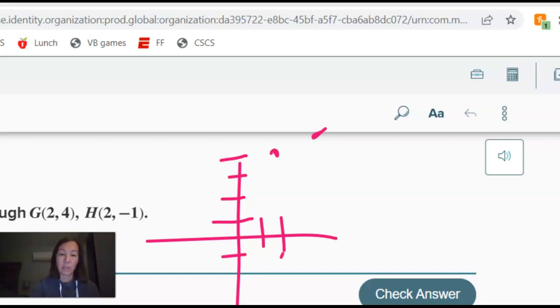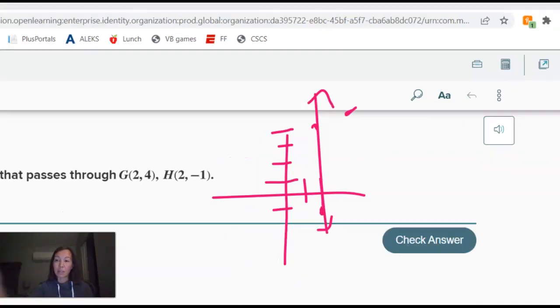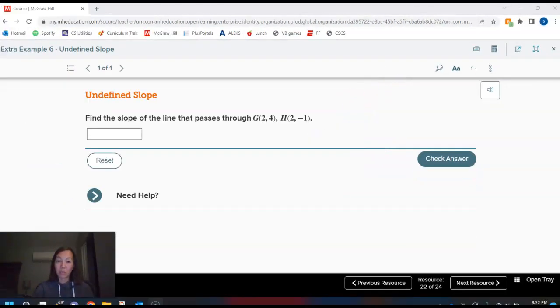And 2, -1. Then I can see those make a vertical line. So without doing any work, I can find the slope. But if I end up using the formula, we end up with 0 on bottom. 2 minus 2 on bottom equals 0 on bottom, which our slope is then undefined.